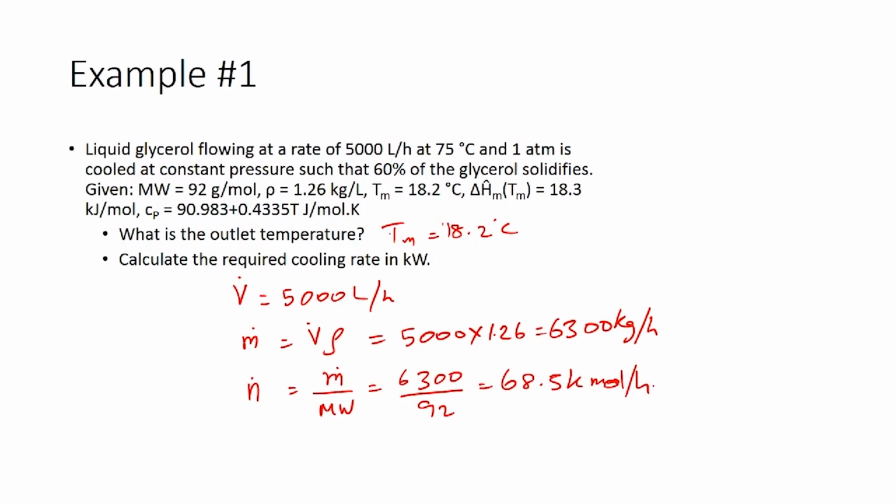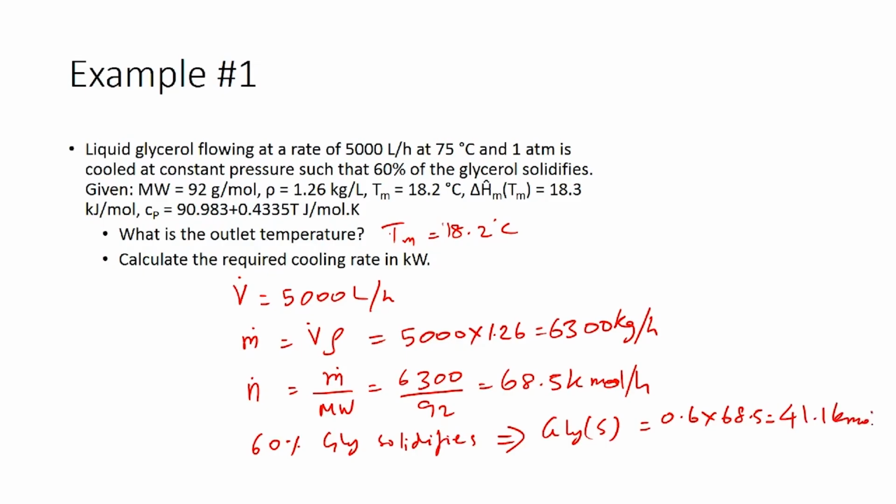So, we have been told that 60% of glycerol solidifies. So, this implies glycerol solid in the outlet stream would be 0.6 times 68.5, which is equal to 41.1 kilomoles per hour, and the remaining would be the liquid, which is glycerol liquid would be equal to 0.4 times 68.5, which is 27.4 kilomoles per hour.